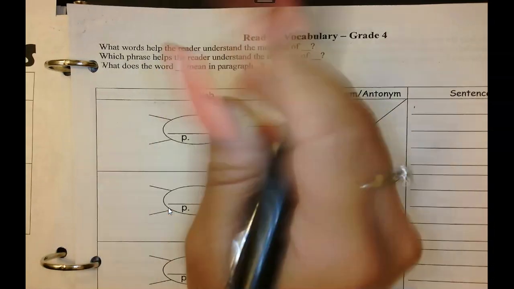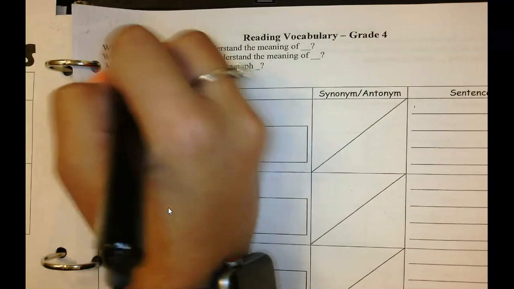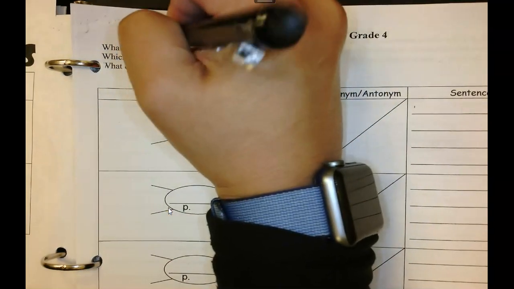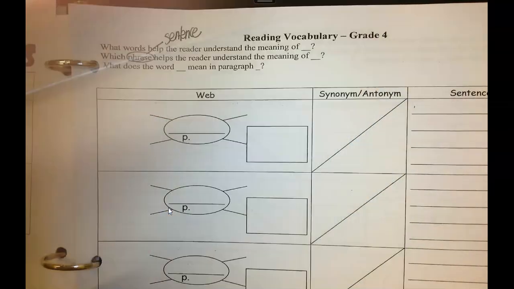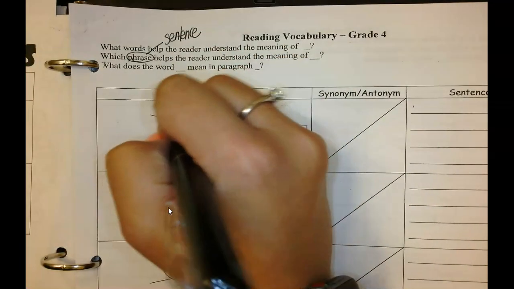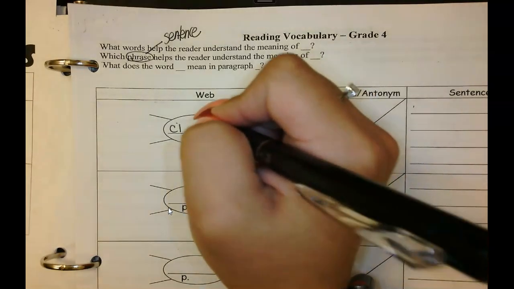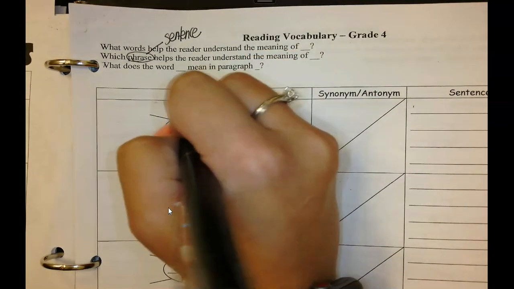So they want to know what sentence. So phrase is a sentence. So remember, I write, you write. And then the last one says, what does the word blank mean in paragraph blank? So right now we're going to look up the word, we're going to use the context clues for civilization.